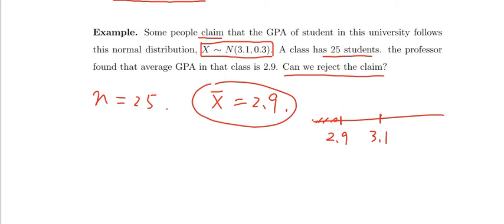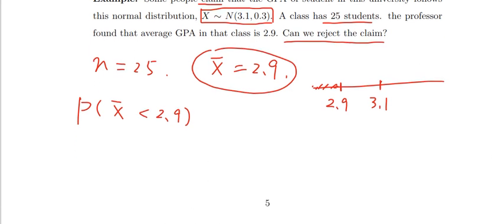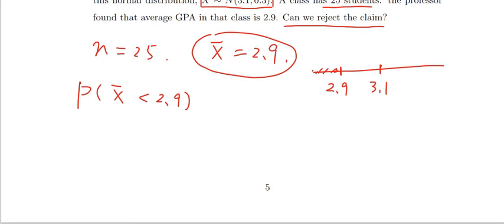So we check this probability: if the claim is true, what is the probability this thing happens by chance? If this probability is very, very small, then we say such a thing should not happen, and then we will reject the claim. So let's find this probability.